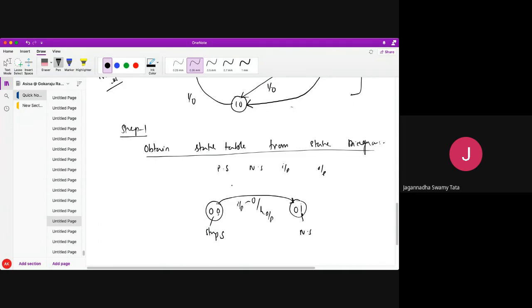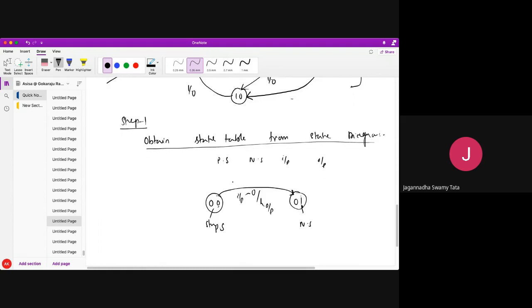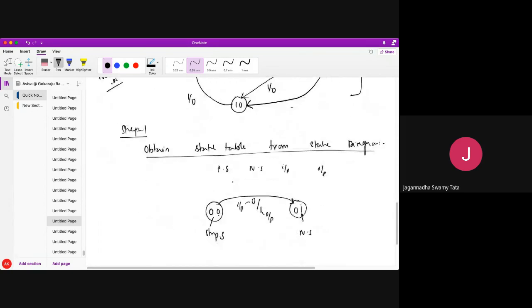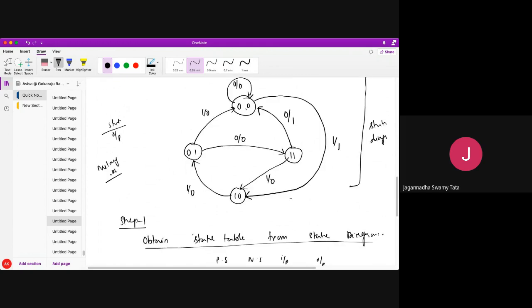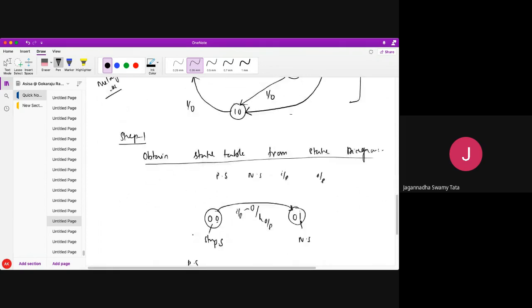Okay, so how to write those things in the state table, now I'm going to tell you. Don't worry. In the present state we have outputs QA and QB. Why is there QA and QB? Tell me why. Because we can know from here how many states it actually has.